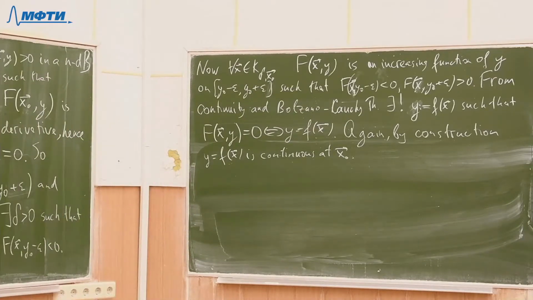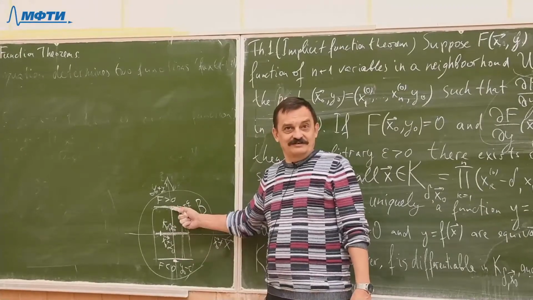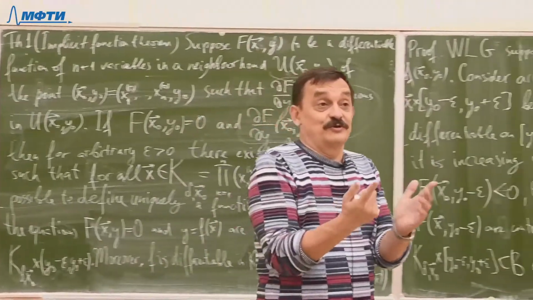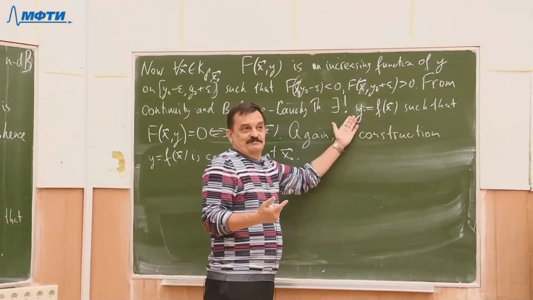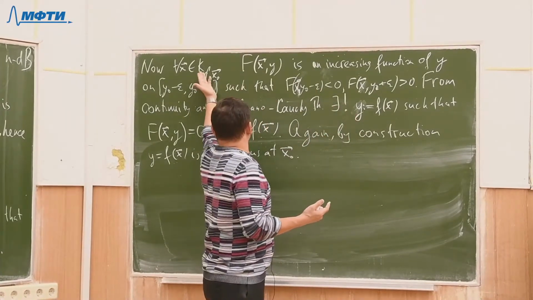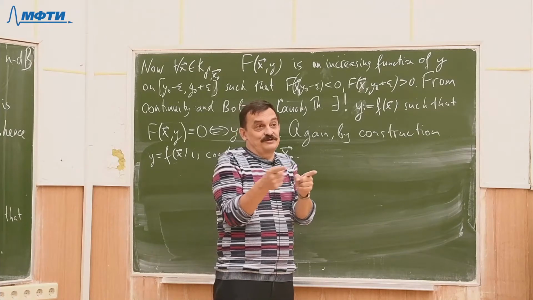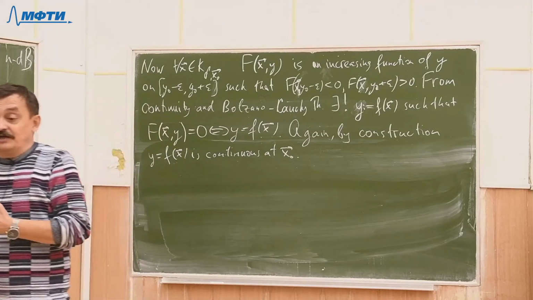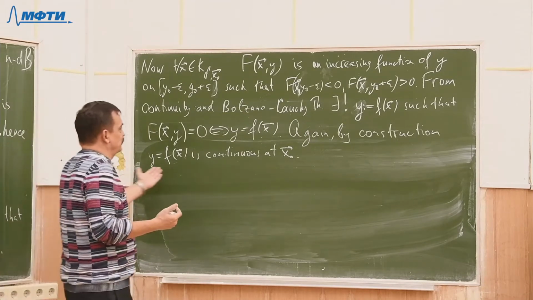But we did it from the beginning, because we chose arbitrary epsilon. Of course, for different epsilons, the function will be the same, because at least the intersection will be the same. So it means the same function, and by the definition, we have continuity at the point x naught.